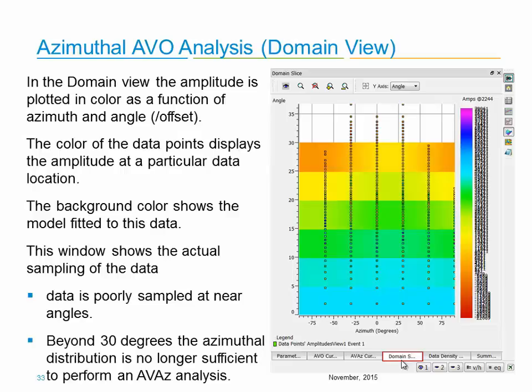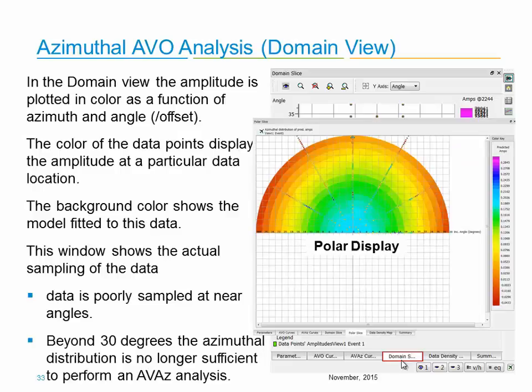In the east-west direction at 90 degrees, we only have data out to about 22 degrees, whereas in all the other directions we have data out to about 30 degrees, which is what we'd ideally like for this type of analysis. In the background, we're showing the modeled data, and in the foreground the dots are color-coded again by amplitude. So they sort of blend into each other. We have a good fit in terms of our prediction.